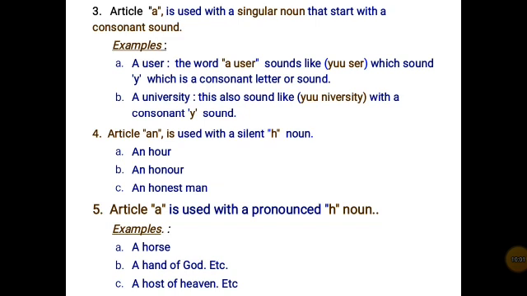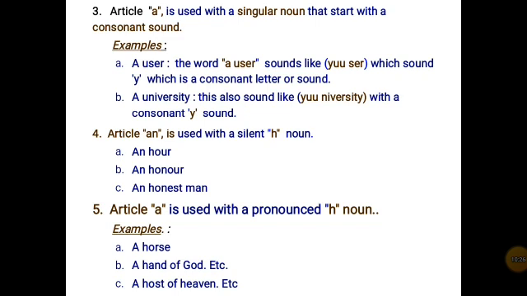For example, an hour. You don't say a hour, you say an hour. So therefore you are not pronouncing H. Though H is a consonant letter, the sound of the word is not a consonant sound. It is rather a vowel sound. Therefore we use article an.